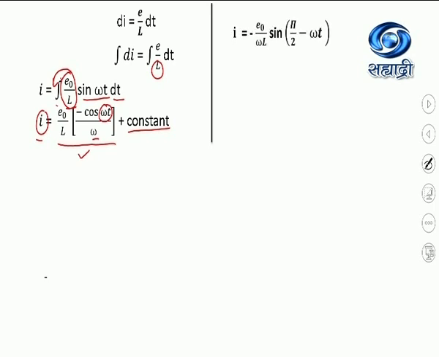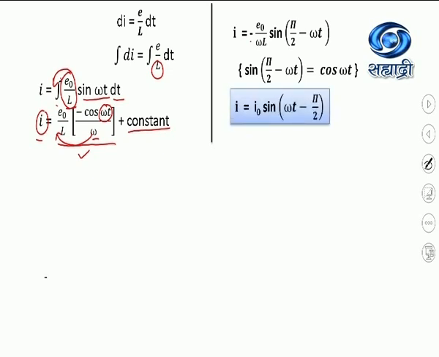So we get I is equal to E naught, omega we are taking out here, so we get E naught upon omega L, minus sine is here, and cos of omega t is sine of pi by 2 minus omega t. So we get the expression for the current as minus E naught upon omega L sine of pi by 2 minus omega t.